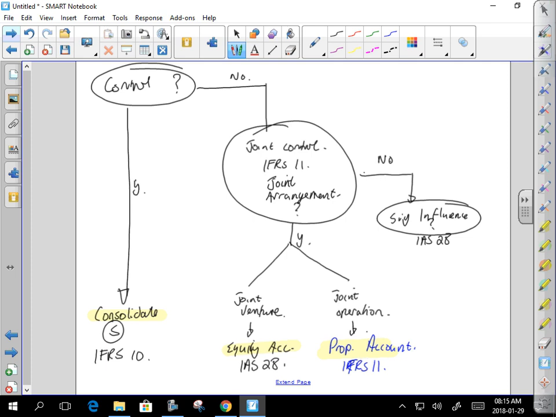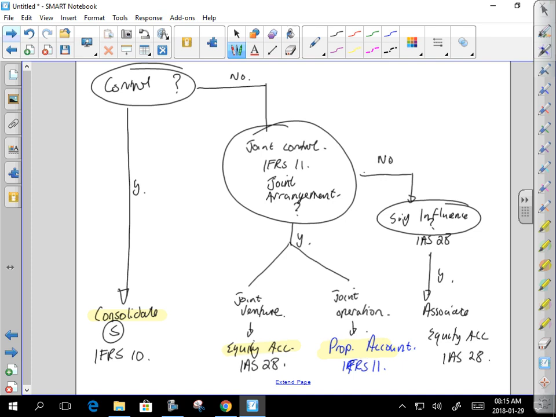Typically what it means is to have significant influence over the operating policies and procedures of the other entity. So it's quite a loose term. And if you do have significant influence, if that is a yes, then we have an associate. We refer to the investee as an associate entity, and that associate entity is equity accounted for in terms of IAS 28.